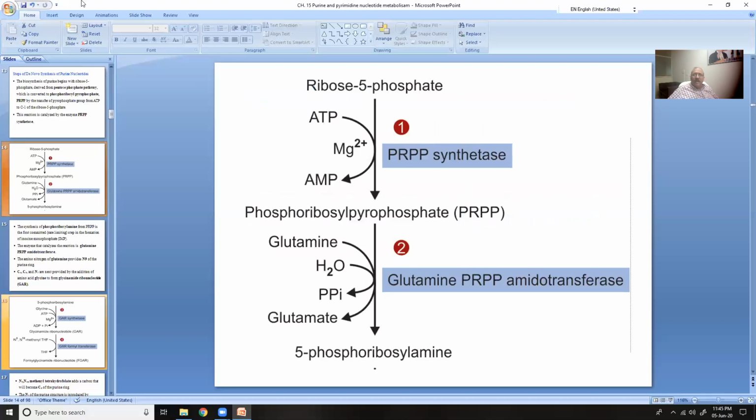You see here, ribose 5-phosphate is giving us phosphoribosyl pyrophosphate. ATP is changing to AMP, and the enzyme is PRPP synthetase. Synthetase means an energy-involving enzyme. So it is ATP changing to AMP in the presence of magnesium as the cofactor, and you will be getting phosphoribosyl pyrophosphate.